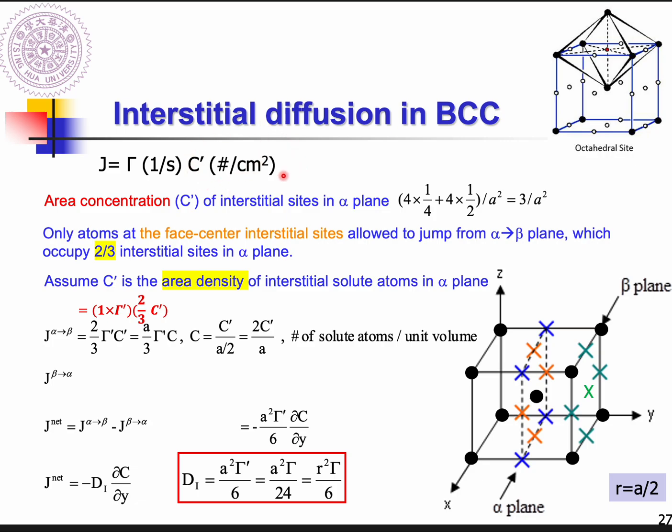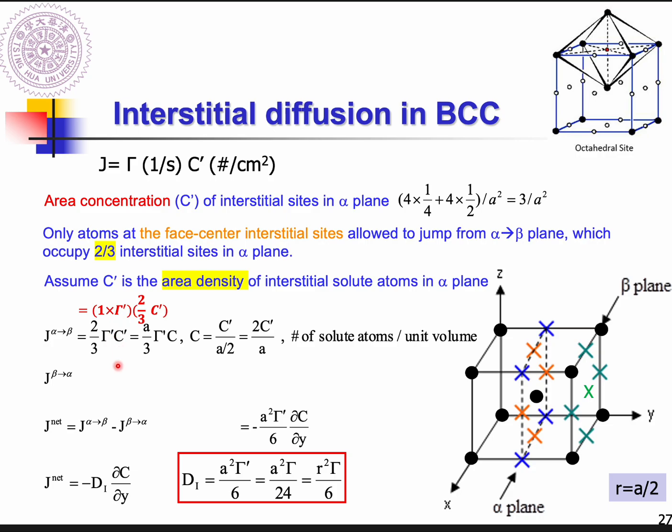The second term is regarding the C prime area density. Not all the interstitial sites on the alpha plane can help the interstitial make a successful jump. Only 2 in 3 interstitial sites can help. It's 2/3 C prime. So we got these results: 2/3 gamma prime C prime.